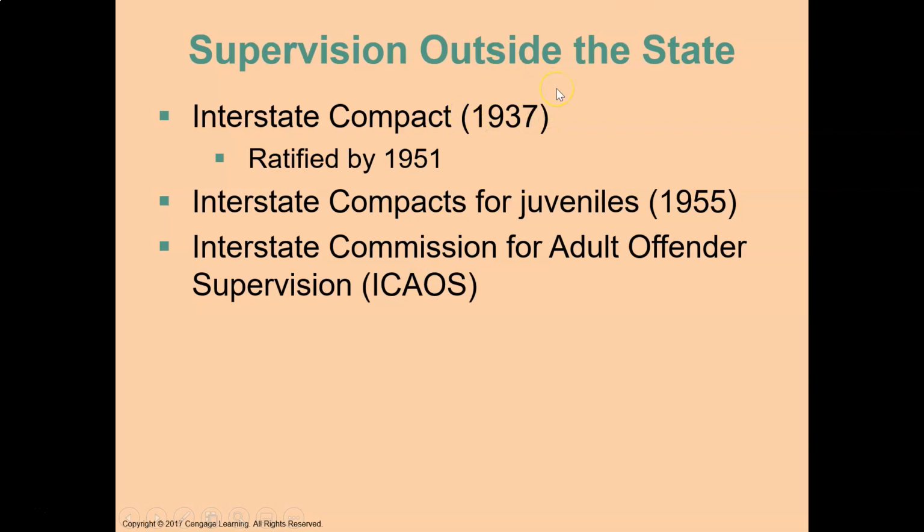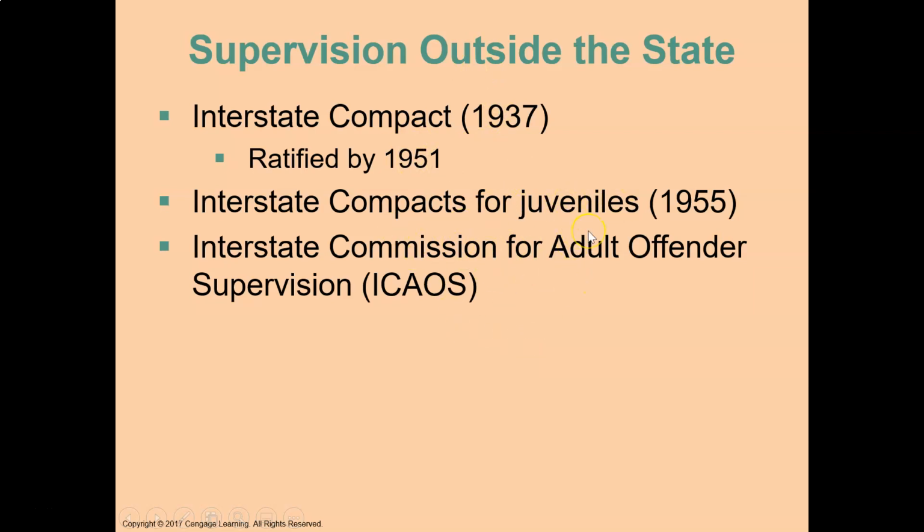So supervision outside of the state. If you move from one state to the other, we have something called interstate compact. This is where most states have agreements with each other where you can move from one state to another by way of interstate compact, and they do it with adults and juveniles, and they will basically agree to informally supervise other people's offenders.